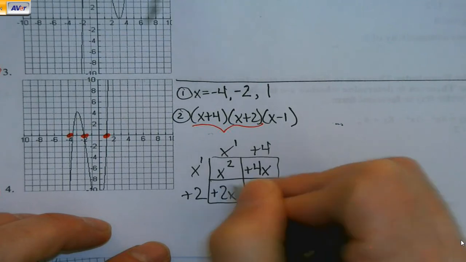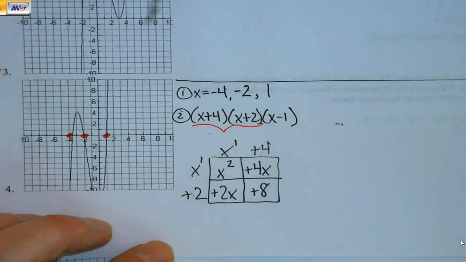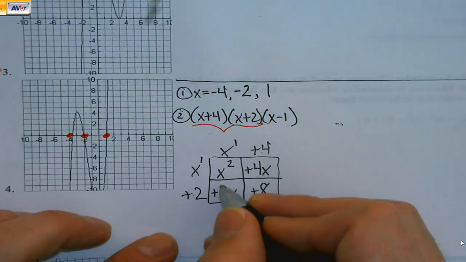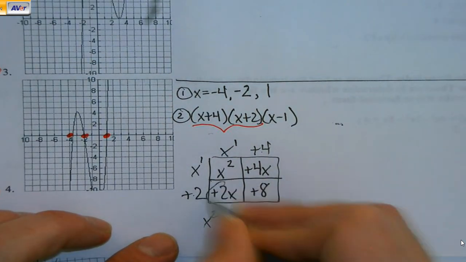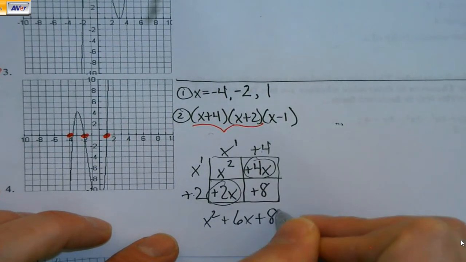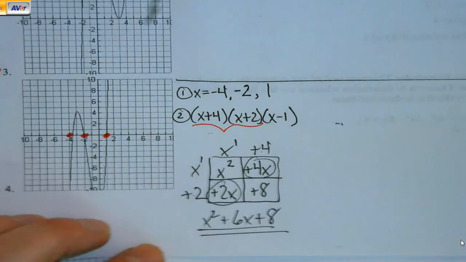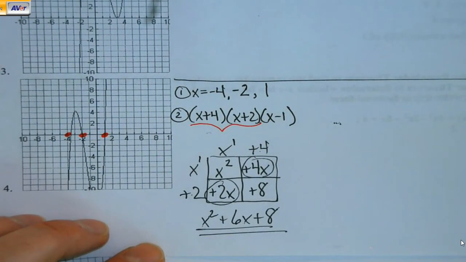Again, we multiply to fill the box. And once the box is full, adding my exponents, multiplying my coefficients, I'm going to go back and look for my like terms and get those combined.